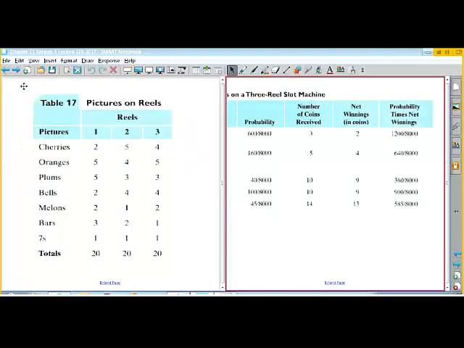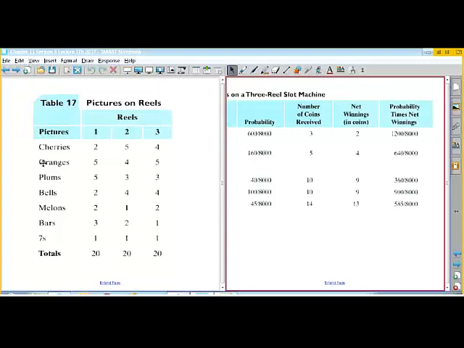I don't know what it specifically says for the problem, but it's talking about playing slot machines, which I don't know if anybody's ever played. You put in a coin, you pull a lever, these wheels spin, and they have different pictures on them. In this case, this might be the classic slot machine.